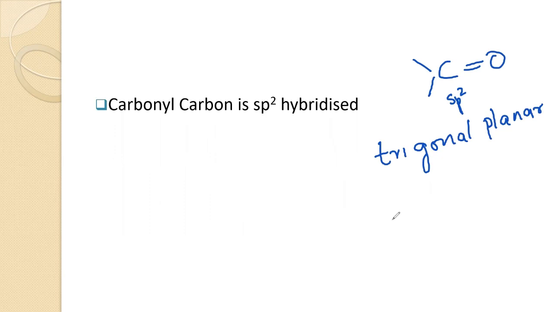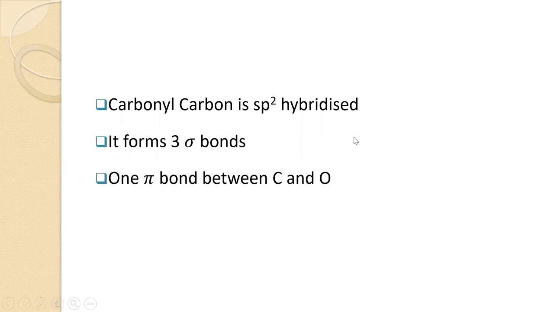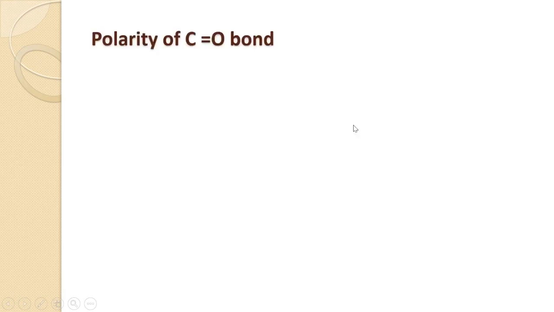There is an unhybridized p orbital on carbon which overlaps with the orbital of oxygen to give the pi bond between carbon and oxygen. So carbonyl carbon is sp2 hybridized and it forms 3 sigma bonds, and there is 1 pi bond between carbon and oxygen.